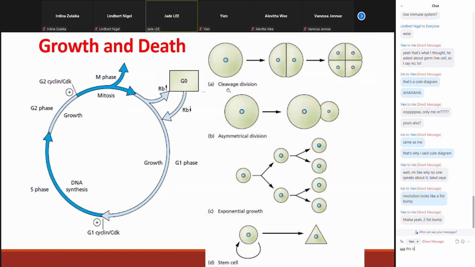So you can see the cell divisions from 1 cell into 2 cells into 4 cells. This one is a symmetrical division, but not all cells are symmetrical divisions. Like this one in B, there are asymmetrical divisions. You can see you have the big one and a small one here. Or you also have the exponential growth, whereby 1 cell becomes 2 cells, 2 become 4, 4 become 8, 16, 32, 64, 128, and also the stem cell.